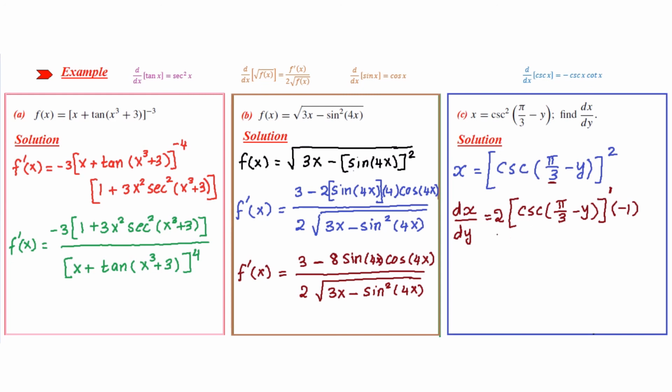So we have multiplied by minus cosecant of the same angle, cotan of the same angle.